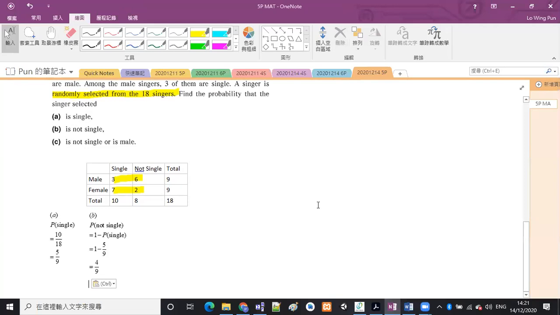And of course you can use just 8/18, and then you'll get the same answer of 4/9.